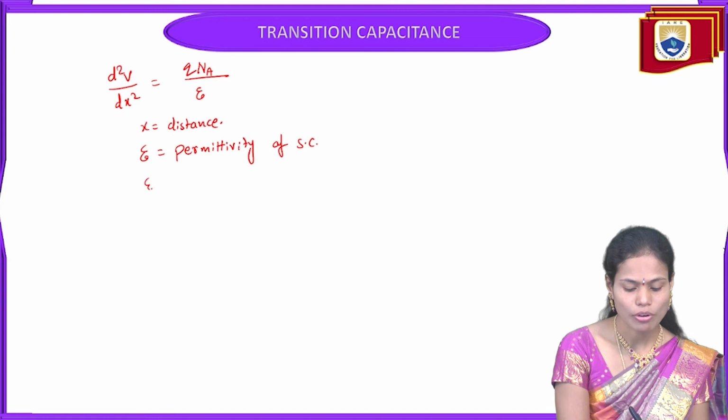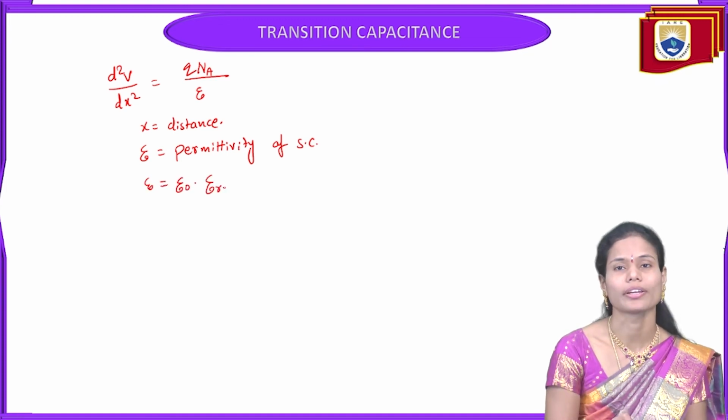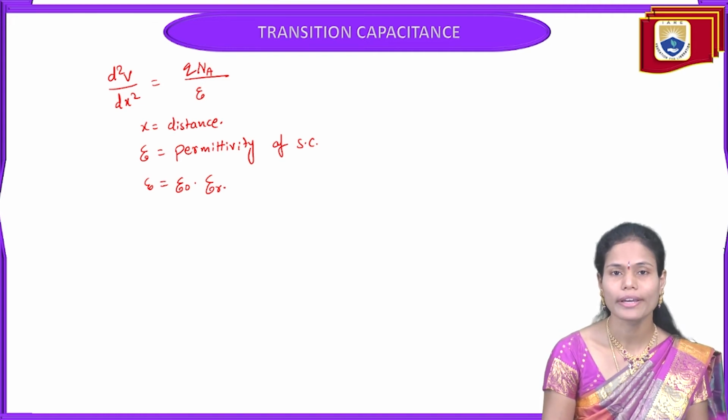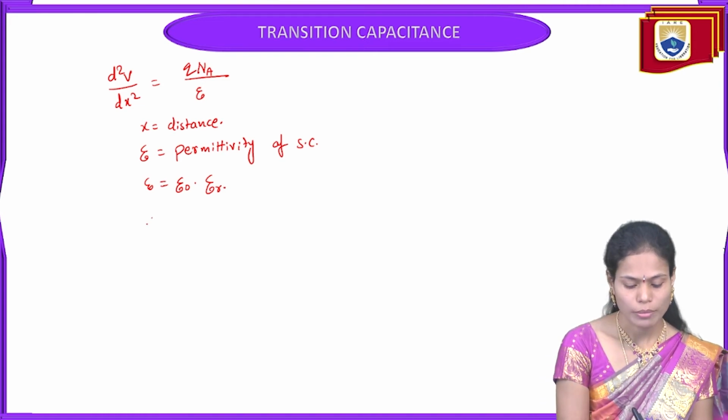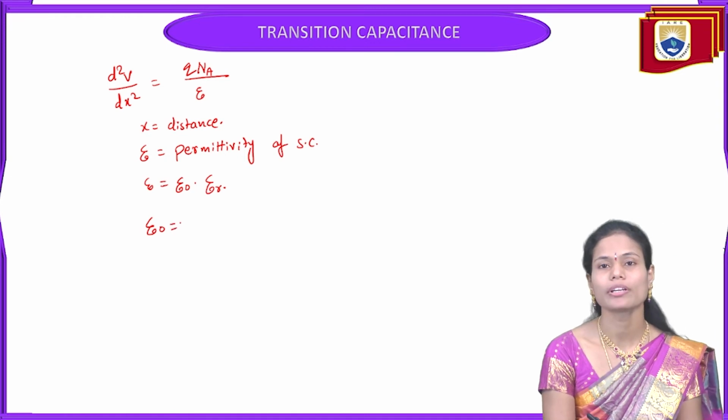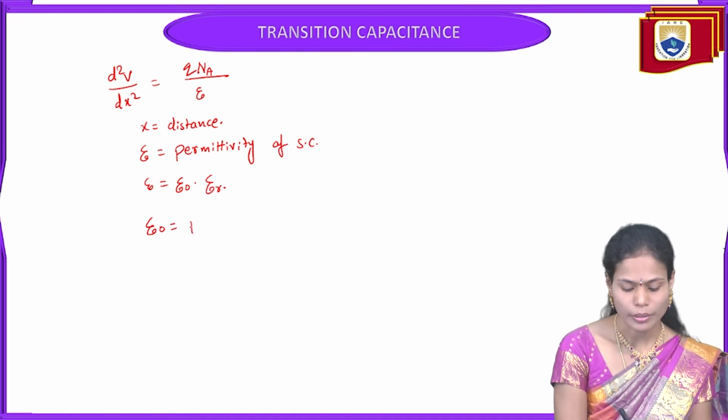This epsilon we can also write as epsilon naught into epsilon r. So what do epsilon naught and epsilon r mean? Epsilon naught is the permittivity of free space.